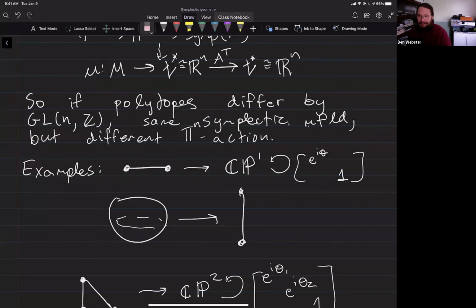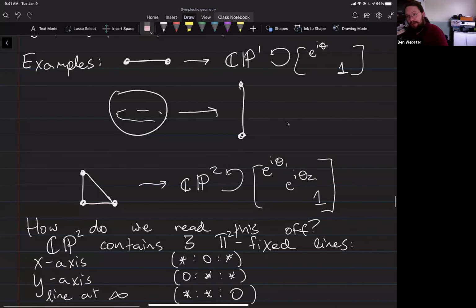And writing it this way is nice because then I can increase the dimension and do roughly the same thing. So I can take CP2 and look at e to the i theta 1, e to the i theta 2, and then 1, because if I vary what that last entry is, my action won't be faithful anymore. And when I let that act, that corresponds to a Delzant triangle in R2.